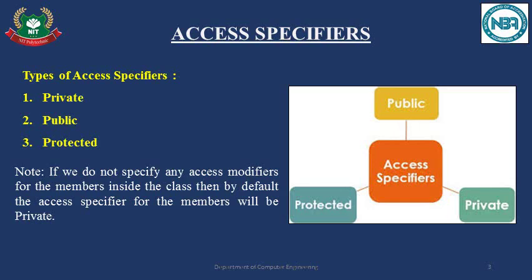Here we need to note that if we do not specify any access specifier for the members inside the class, then by default the access specifier for the members will be private. If we don't write any keyword like private, public, or protected for the data members and member functions inside the class, then by default it will treat them as private.